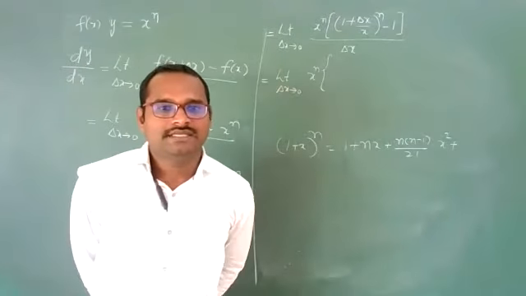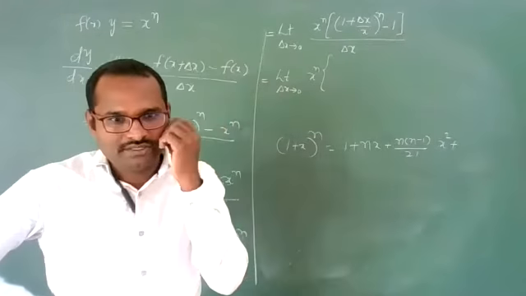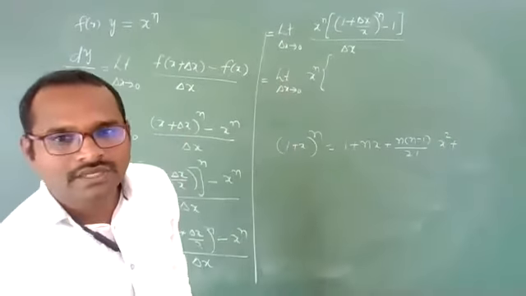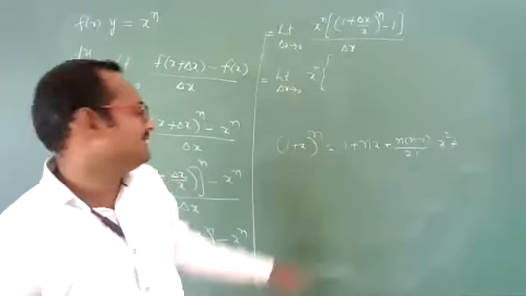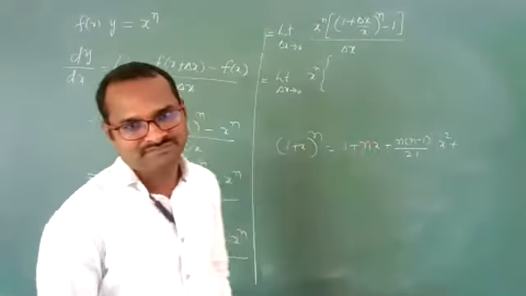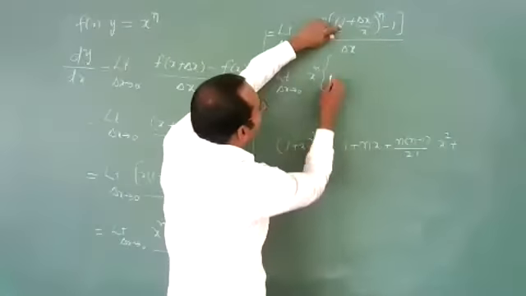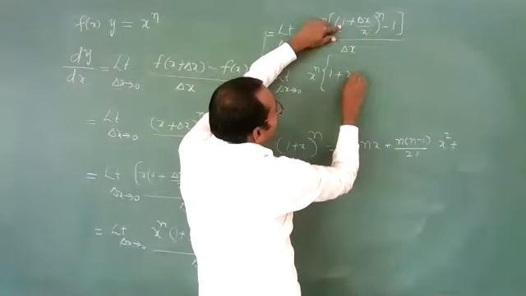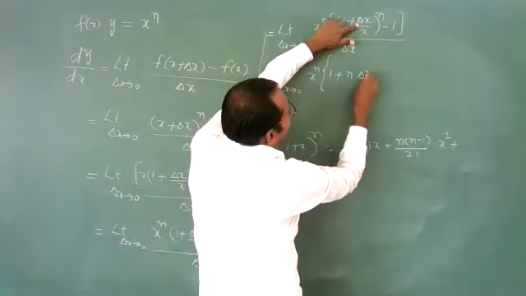Like that we can keep writing. Clear? Are you getting it, students? Okay, let us apply this binomial theorem. There you will get 1 plus nx, meaning n into x value, delta x by x.